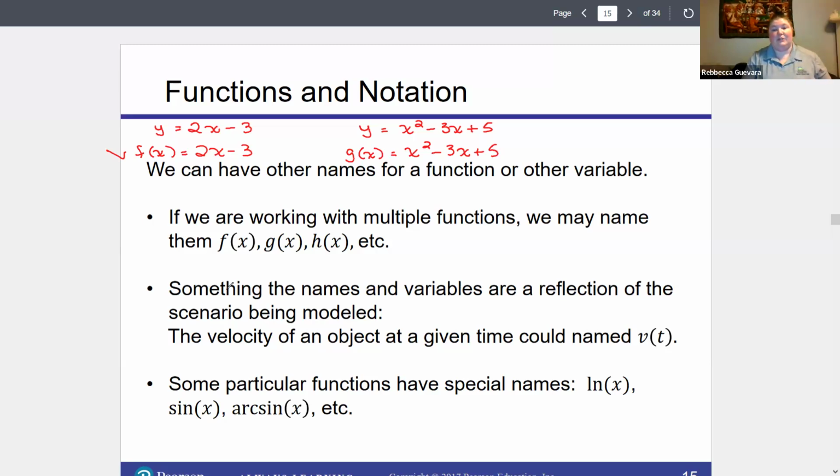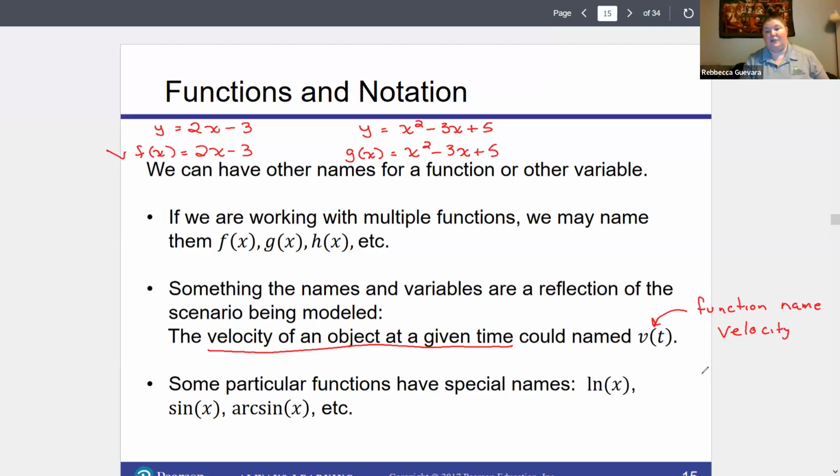Sometimes the names of variables are a reflection of the scenario being modeled. If we were talking about the velocity of an object at a given time, you might call the function v of t, because the function name is referring to velocity.